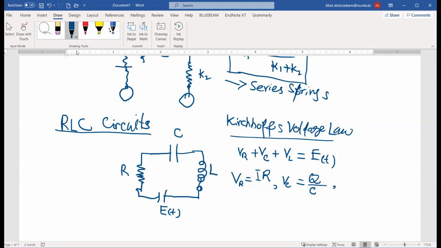And the voltage across the inductor is represented by the inductance multiplied by the change in current.